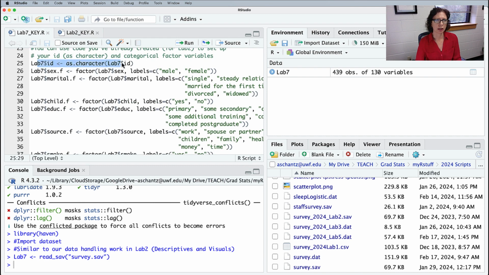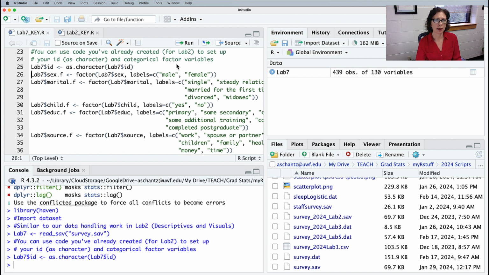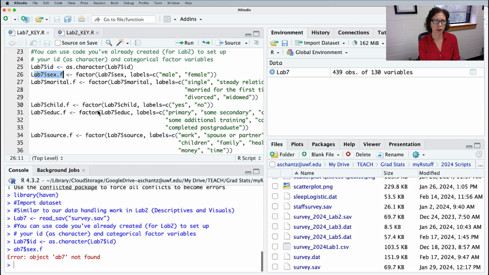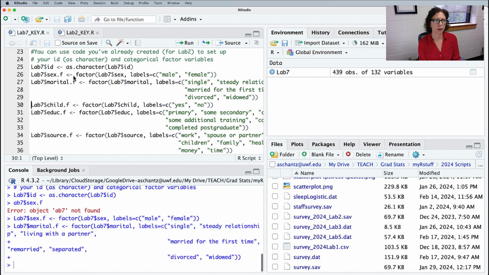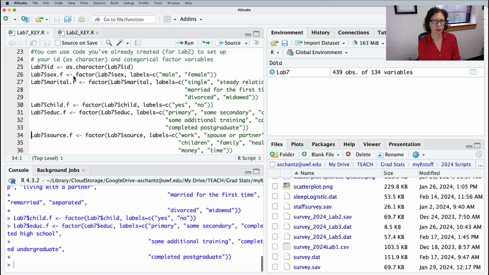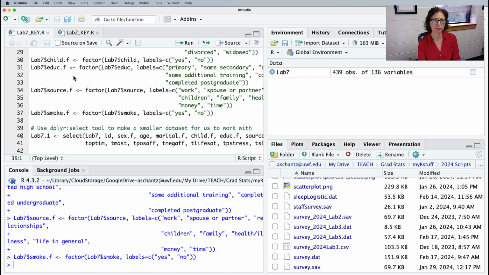We need to change the ID variable to a character, and then adding these new variables, because I'm going to turn them into factors and then have them as a new variable instead of overwriting the old one. So I'm going to be adding more variables to the data set here for gender, for marital, child, education, source, and smoke.